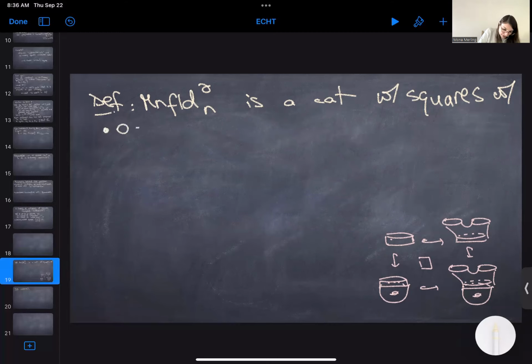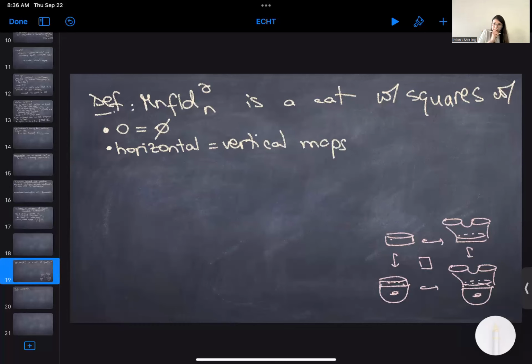First, this designated object is going to be the initial object, just the empty manifold. And what's a little weird here is that horizontal and vertical maps are going to be the same class of maps. We define them to be the same class, and it's going to be smooth embeddings.